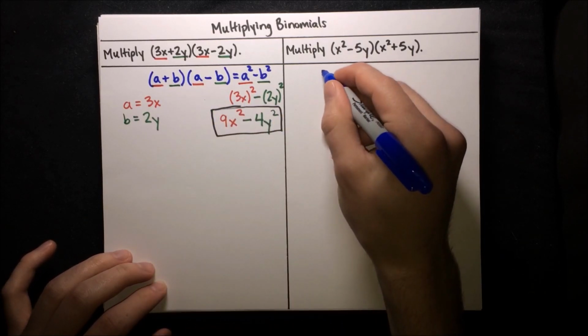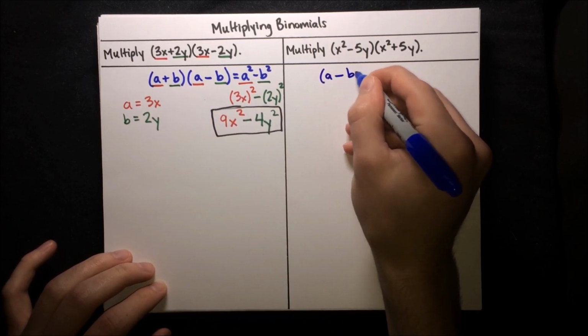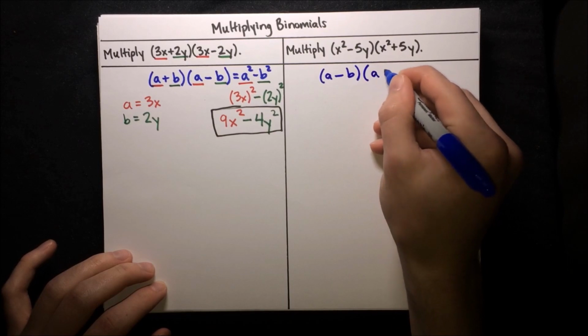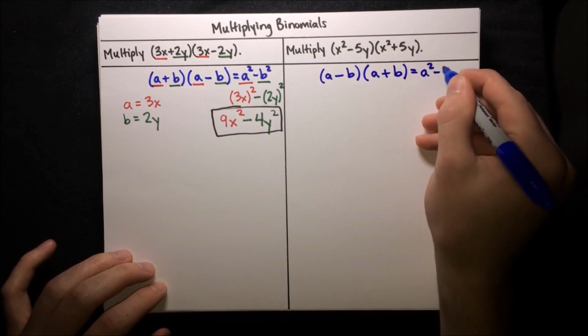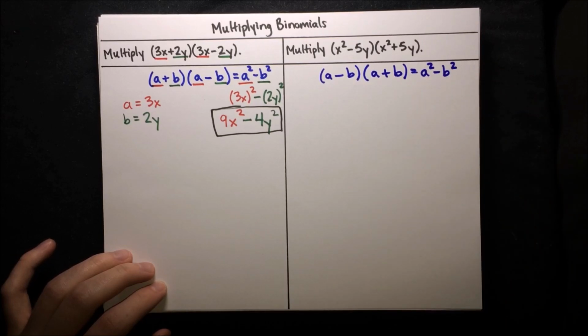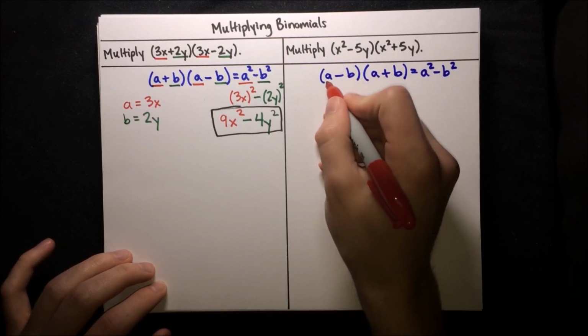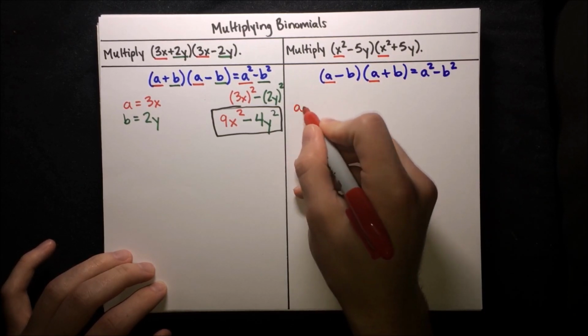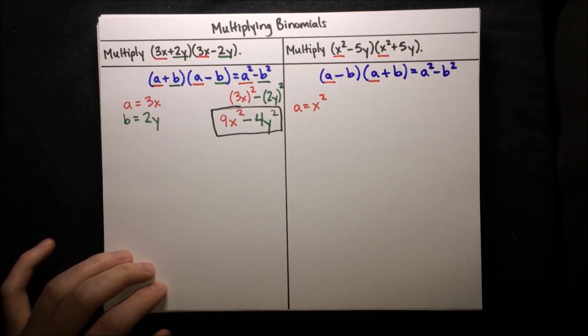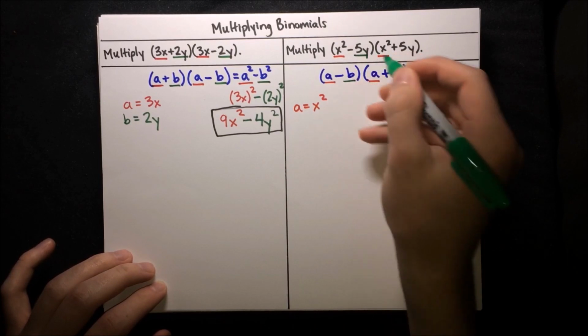So we can write that a minus b times a plus b is still equal to a squared minus b squared. Now matching up with our problem here, a is just x squared, and b is just 5y.